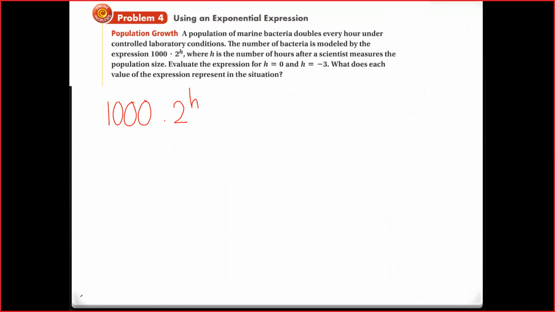I want to know if h is equal to 0, and if h is equal to negative 3. I want you now to evaluate this expression. Okay, you have this expression 1000 times 2 to the power h.